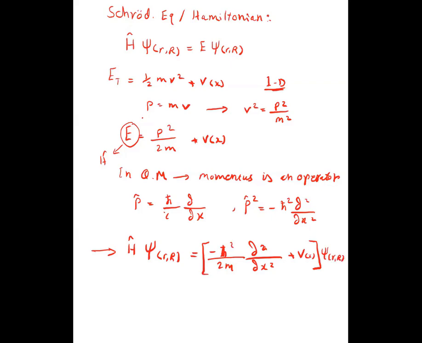So that's the Hamiltonian in quantum mechanics. We need to define the Hamiltonian by determining the kinetic and potential energy for the system in general.